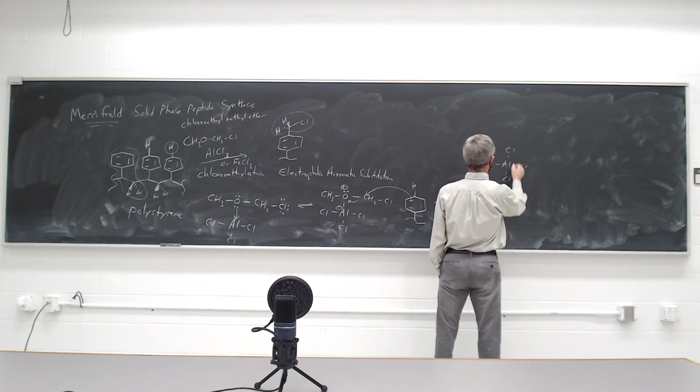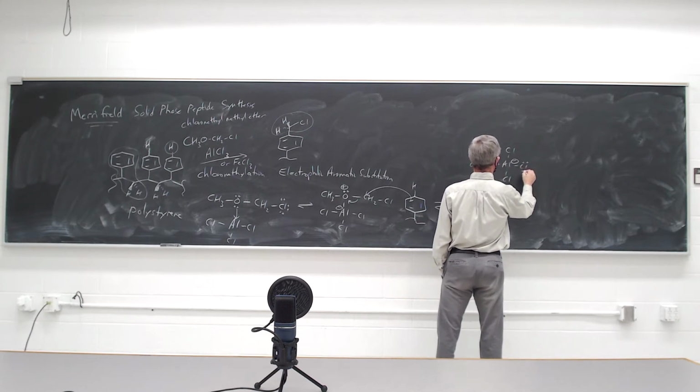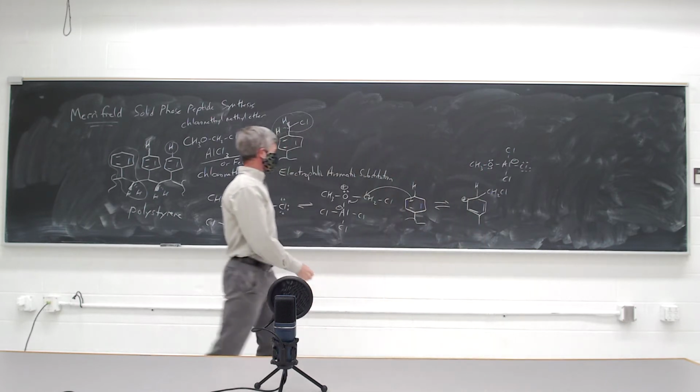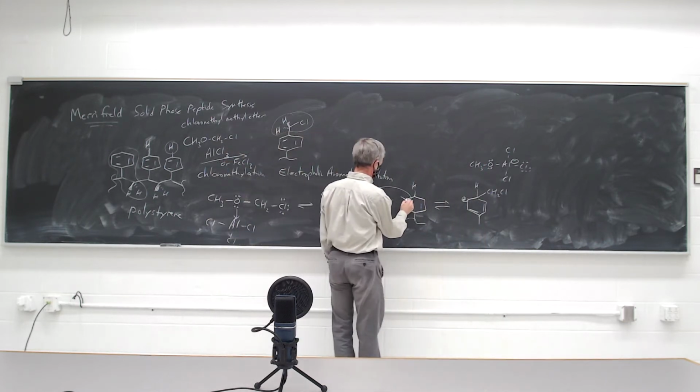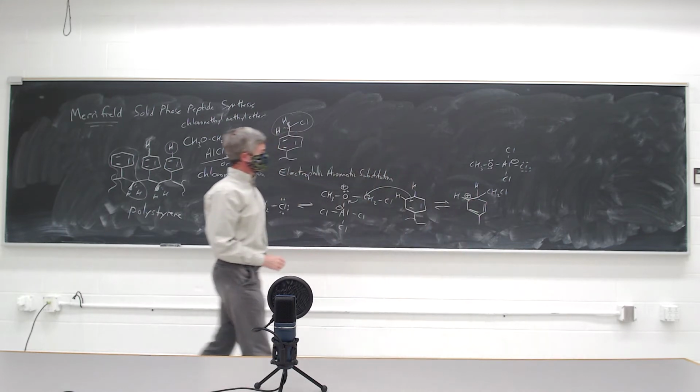So it's similar to the Friedel-Crafts reaction. I don't really need to draw the rest of those. But it's not exactly the Friedel-Crafts reaction because it's an oxygen that's being activated instead of chlorine. That puts that CH2Cl group on there.